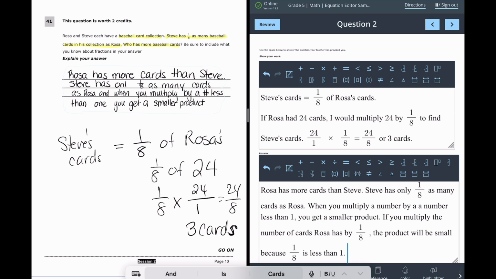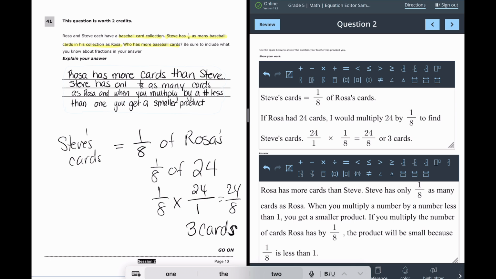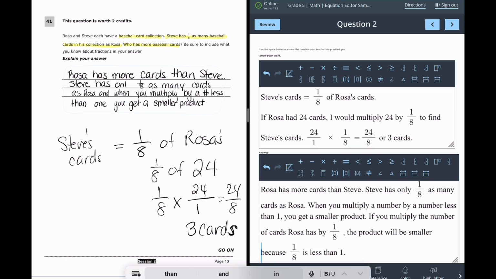Rosa has more cards than Steve. Steve has only 1/8 as many cards as Rosa. When you multiply a number by, see, I found an error. A number by a number less than 1, you get a smaller product. If you multiply the number of cards Rosa has by 1/8, the product will be smaller because 1/8 is less than 1.